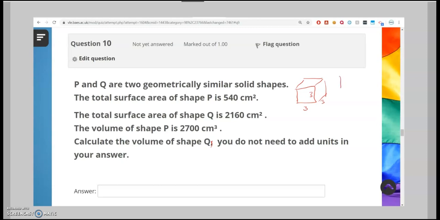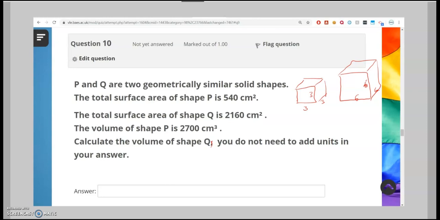And next to it, I'll put another shape with dimensions 6, 6, and 6. So length, width, and height would be 6. Let's call them units. At the moment, it doesn't matter whether it's centimeters or meters or kilometers or whatever.